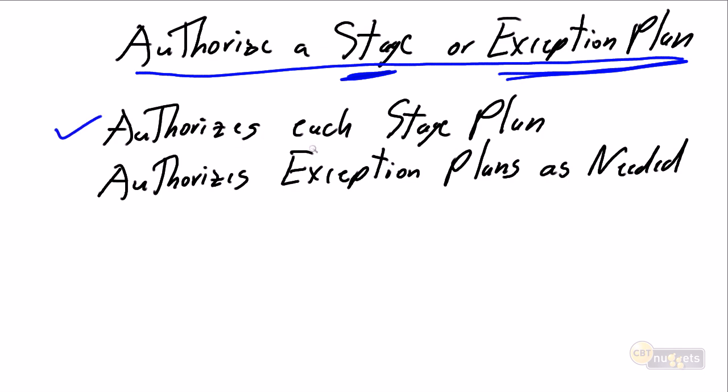Basically, we need the boss to approve each stage plan. That means we need to approve and accept the current stage plan. You have completed all of the deliverables. The deliverables are acceptable.